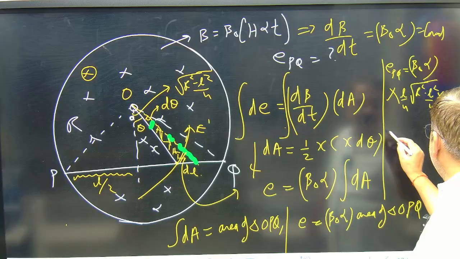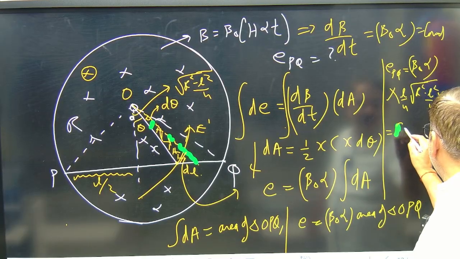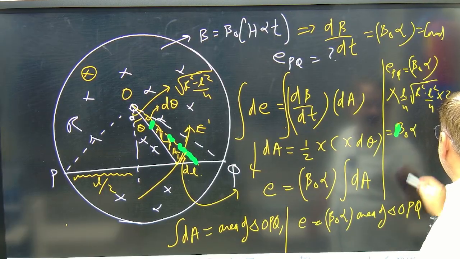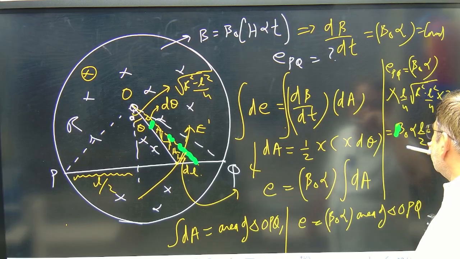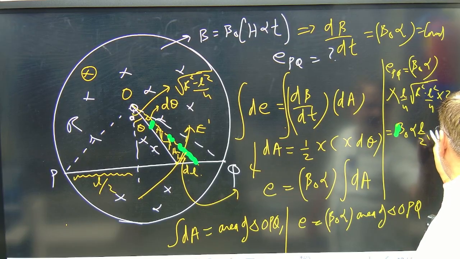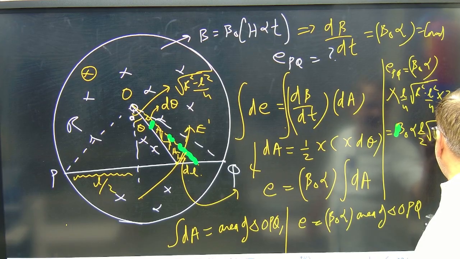So this further value will be B naught alpha into L by 2, into under root of R square minus L square by 4.